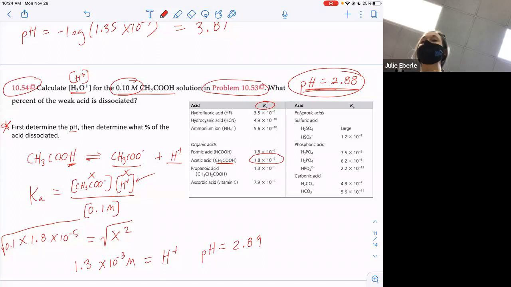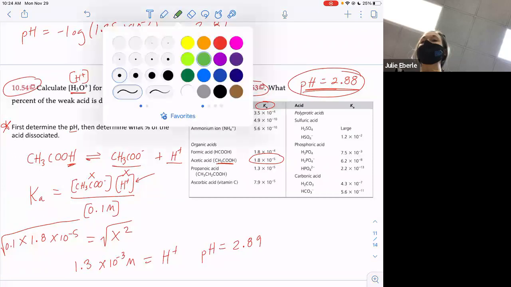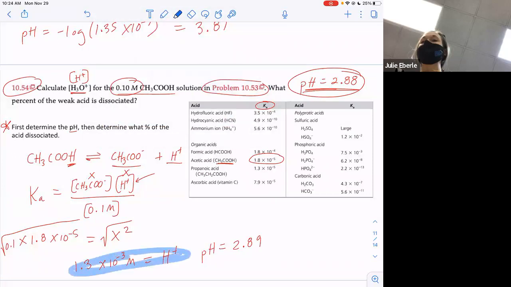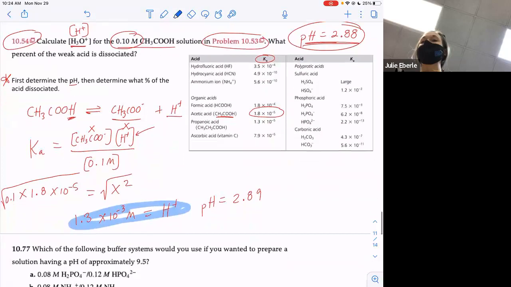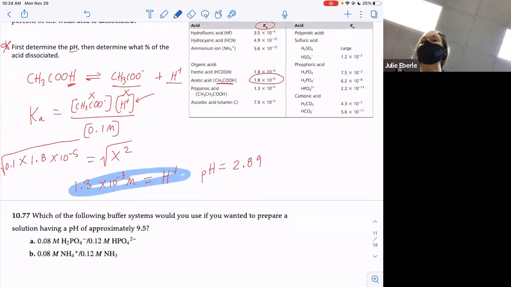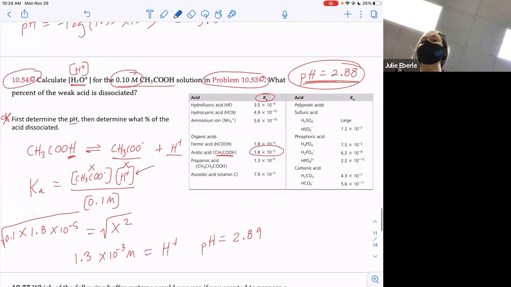The part of the acid that dissociated divided by the whole concentration of the acid, times 100. The part that dissociated is this part right here, what I highlighted, which you now cannot see at all. And the whole concentration of the acid was what the problem gave us, the 0.1 up there.